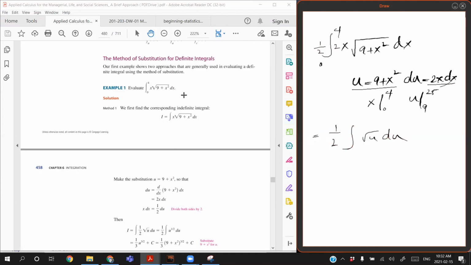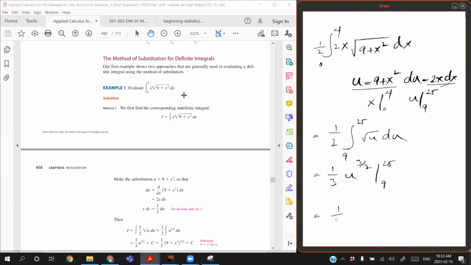And now, rather than using the 0 and the 4, since I have substituted x with u, I'm going to use the new bounds from 9 to 25. And then I solve this. So this is going to be 1 over 3 u to the power of 3 over 2 from 9 to 25.